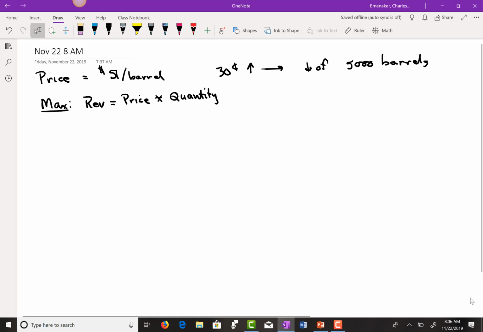Okay, so what we need to do are two things. We need to determine a price. We need to determine a number that are going to be sold. The main thing here is to figure out a price. I'm going to call X the price per barrel.